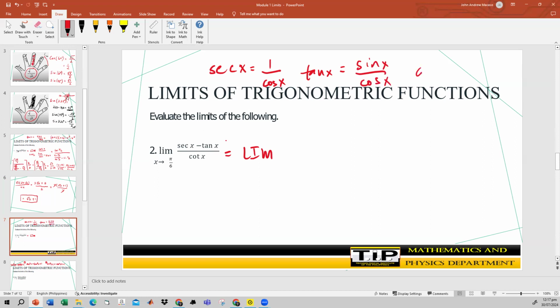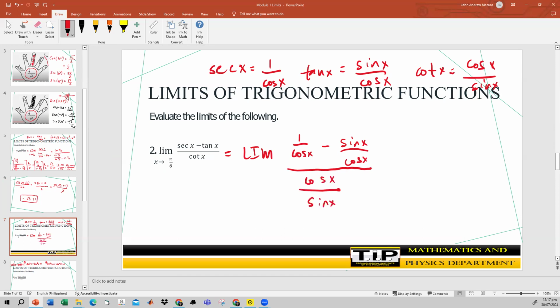While for cotangent x, this is just equal to cosine x over sine x. If you will remember the trigo identities that you had during your senior high school. So this will become 1 over cosine x minus sine x over cosine x, over cosine x over sine x, right? Then as x approaches pi over 6.